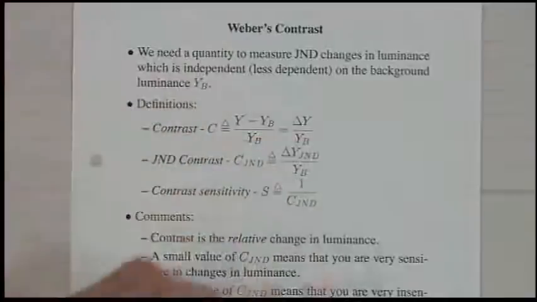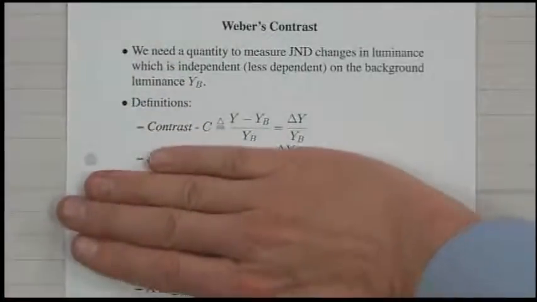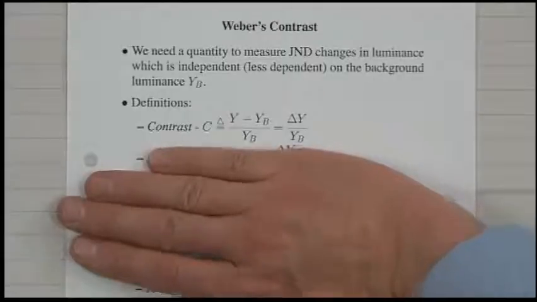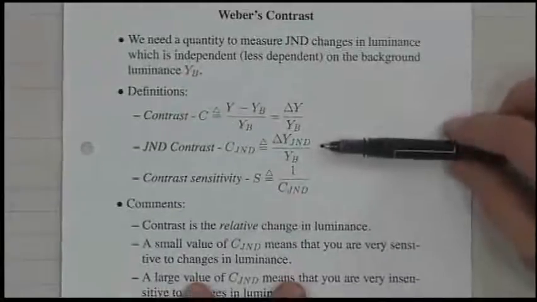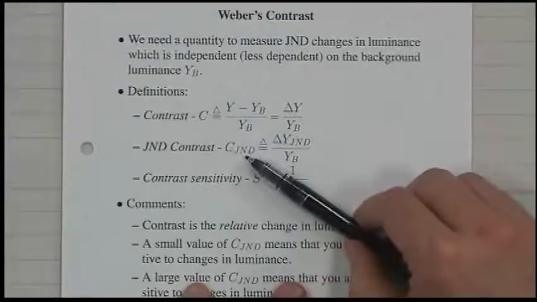Contrast is defined as the ratio between the change in something and its original value. The contrast that produces a just noticeable difference is the just noticeable contrast.